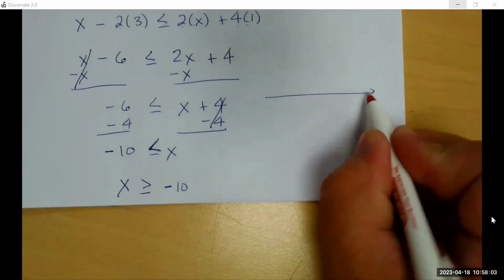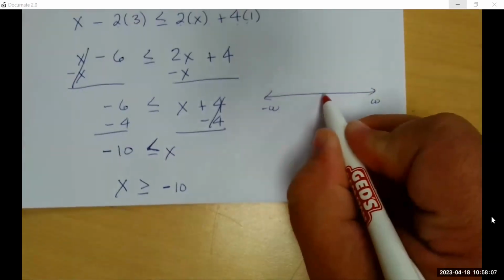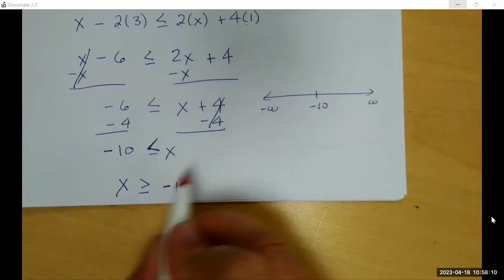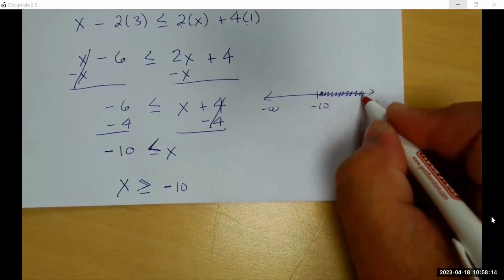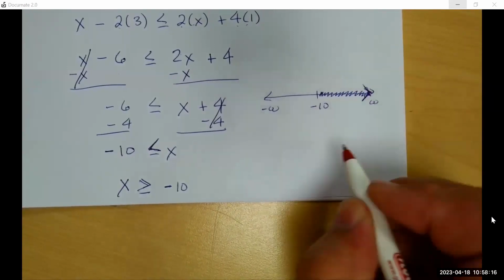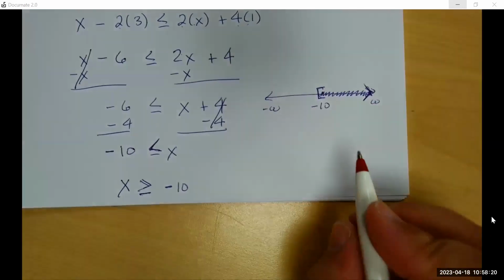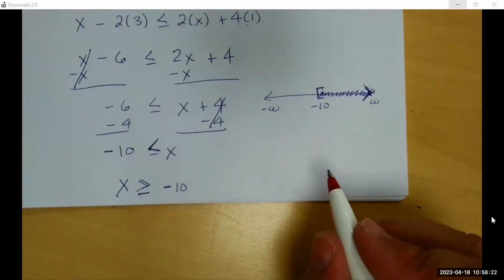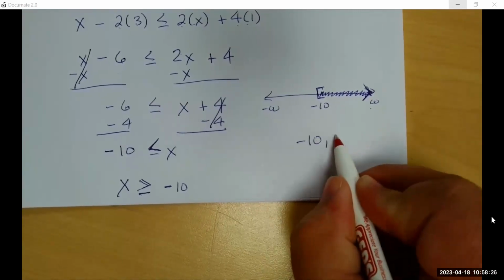So our graph, the only number we have is negative 10. We shade to the right. And it's an equal sign, so it's a bracket. So take the beginning number and the end number.